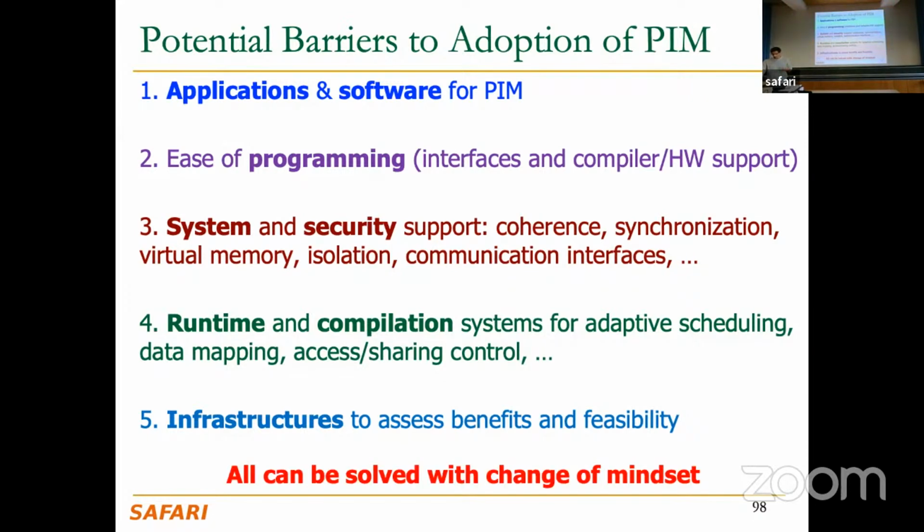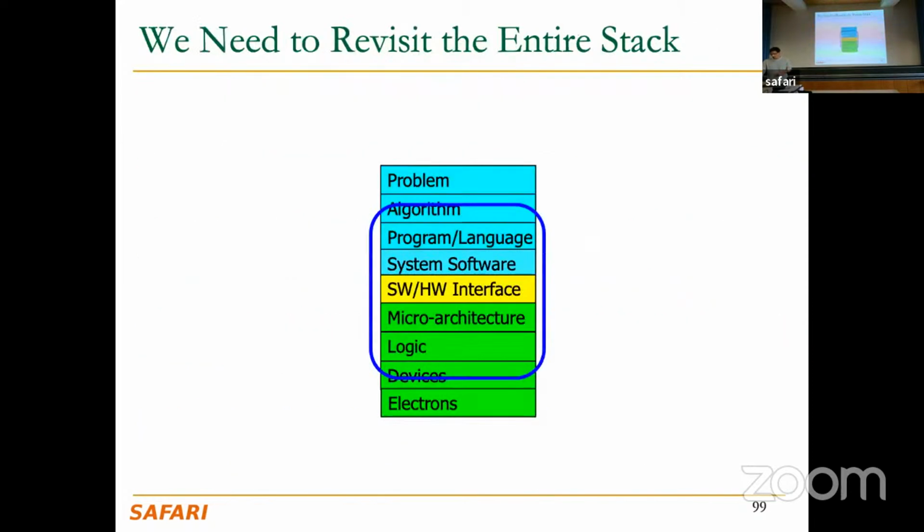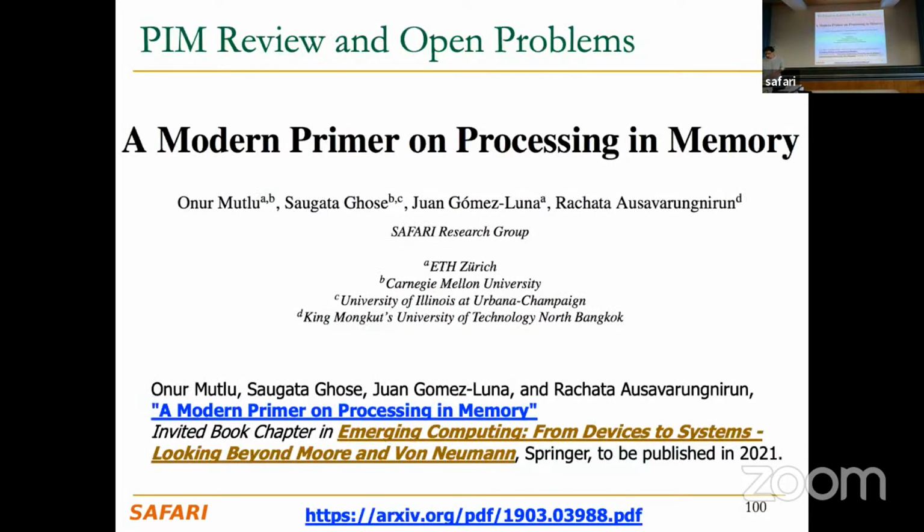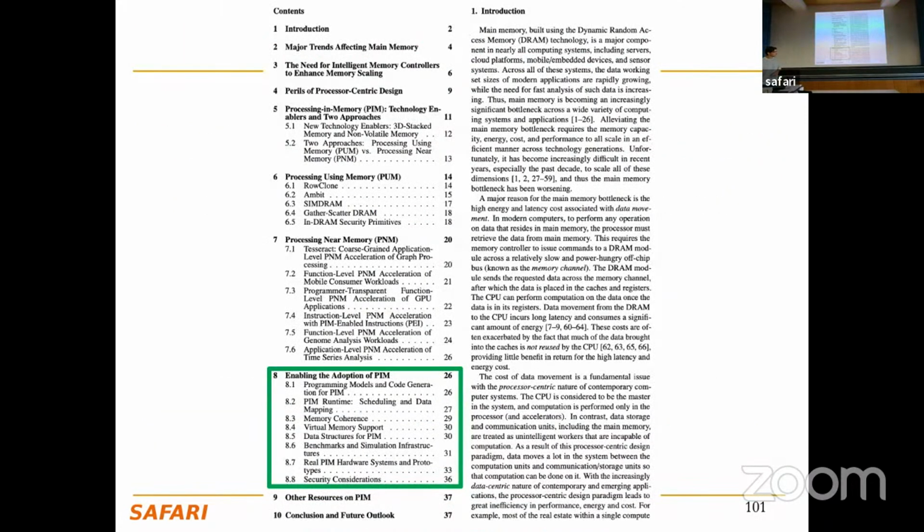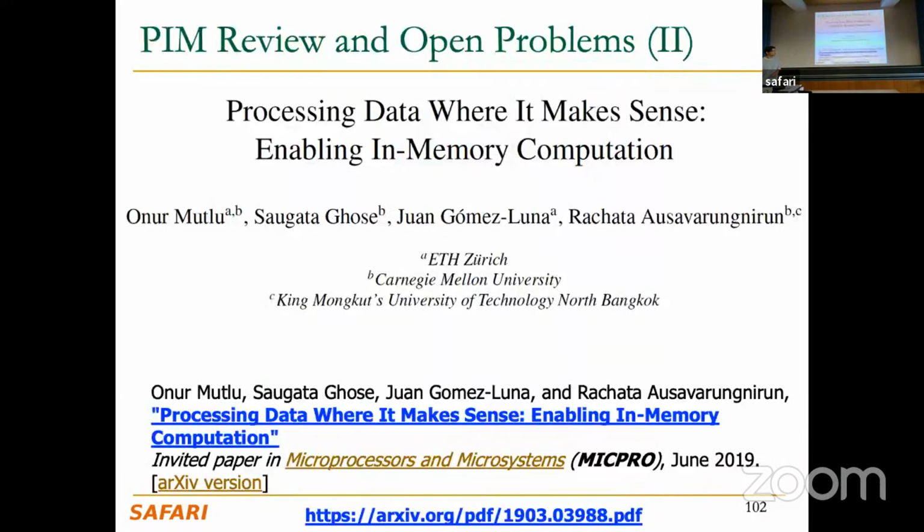So all these barriers can be solved with a change of mindset. And as you remember, this change of mindset requires revisiting the entire stack from the algorithm to the devices and going there step by step. You can find at least our own analysis of all these barriers for adoption of processing in memory in the modern primer on processing in memory, section 8, and we are going to talk today about many of these points.